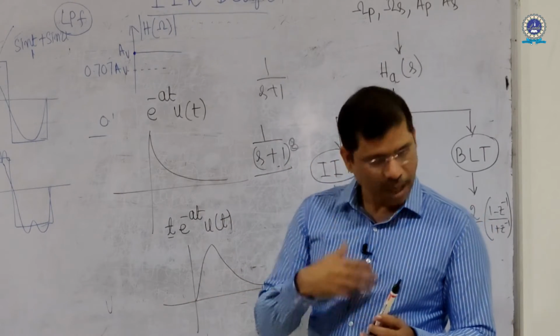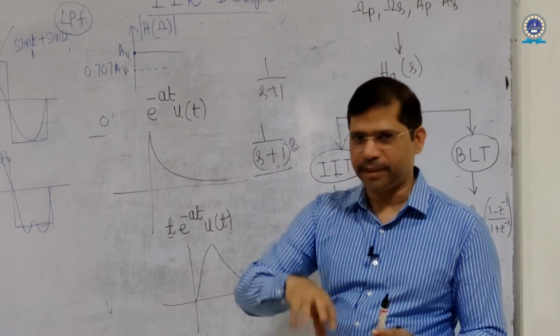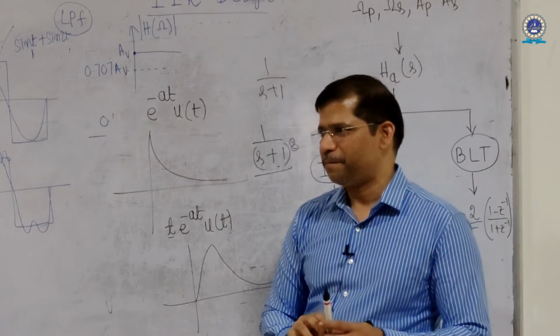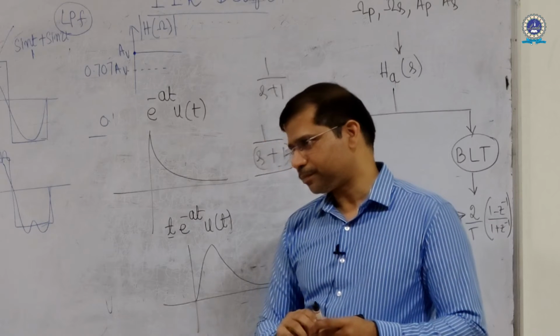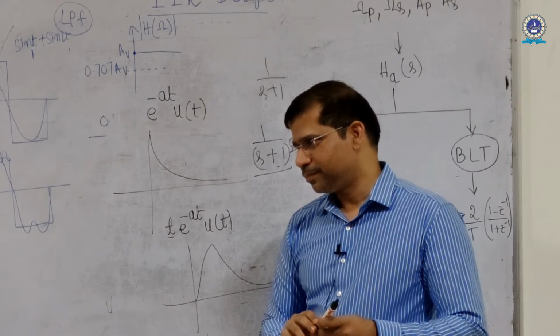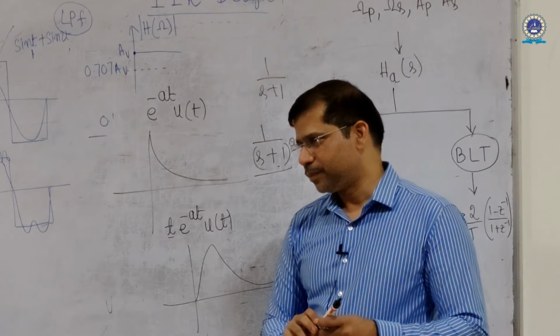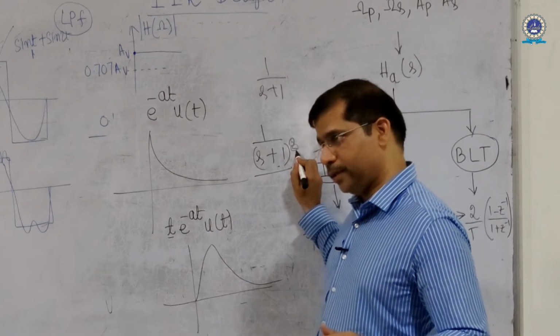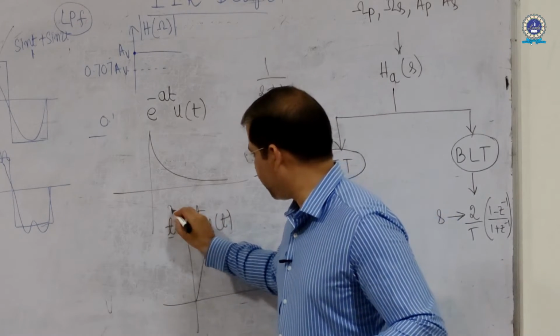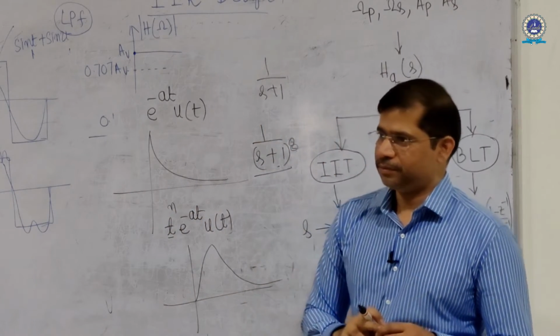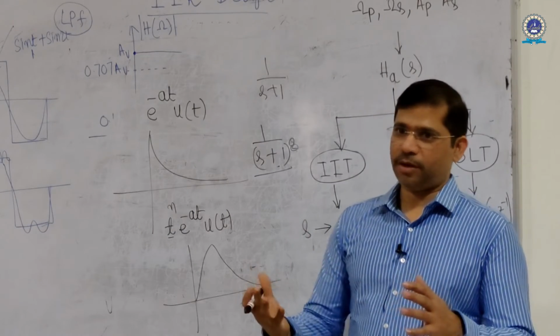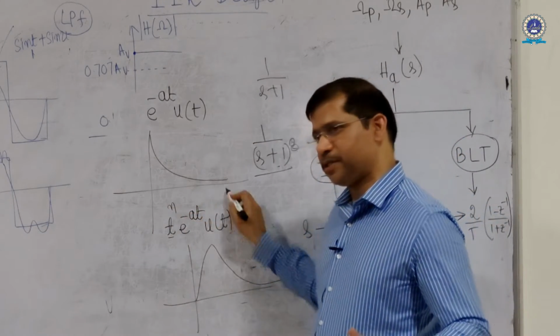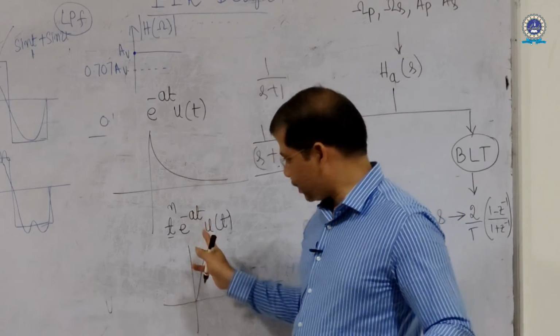Maybe marginally stable. That's where I am going with this. It actually becomes unstable when n increases, because we have t power n there. So there are a lot of points that we have to understand. Why did I say all these points?